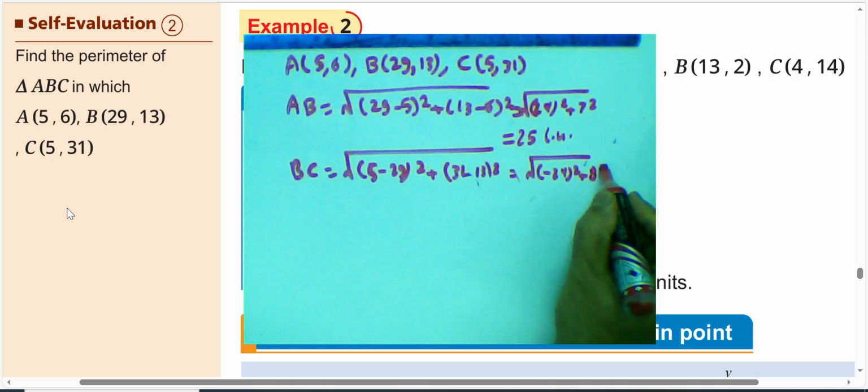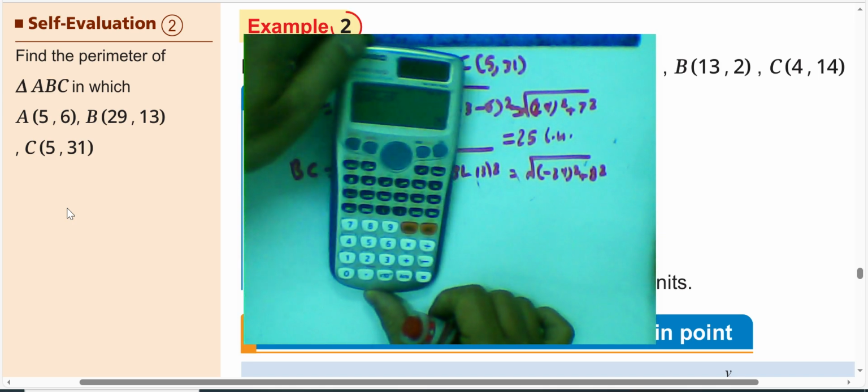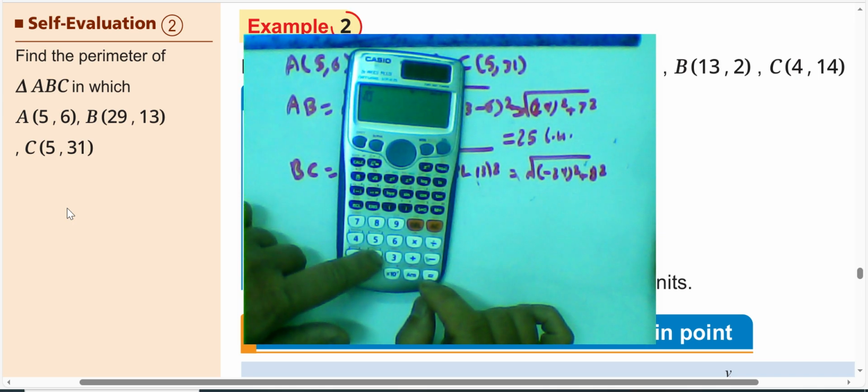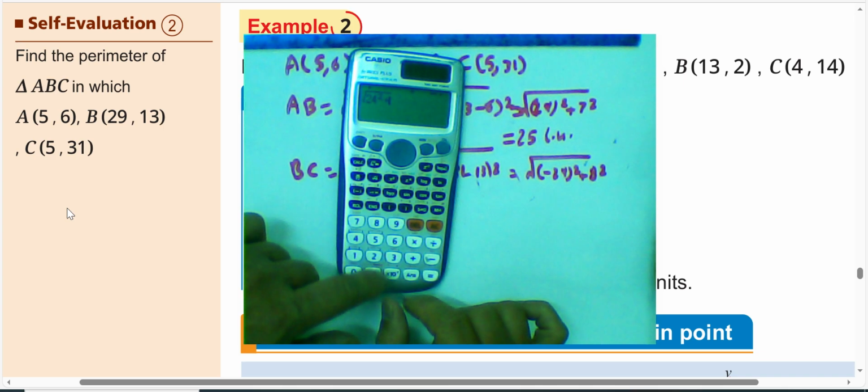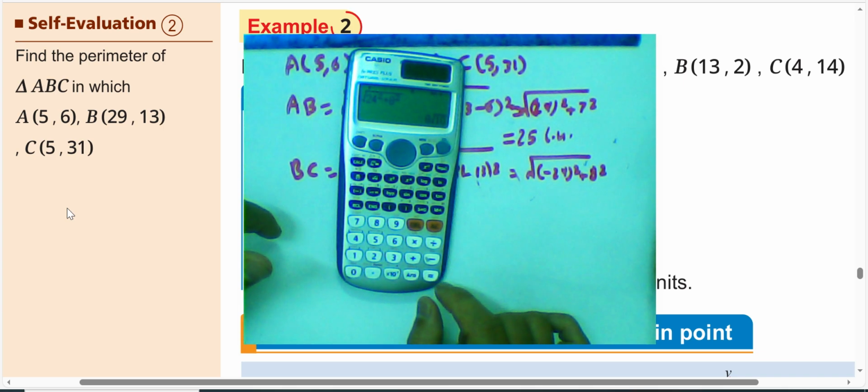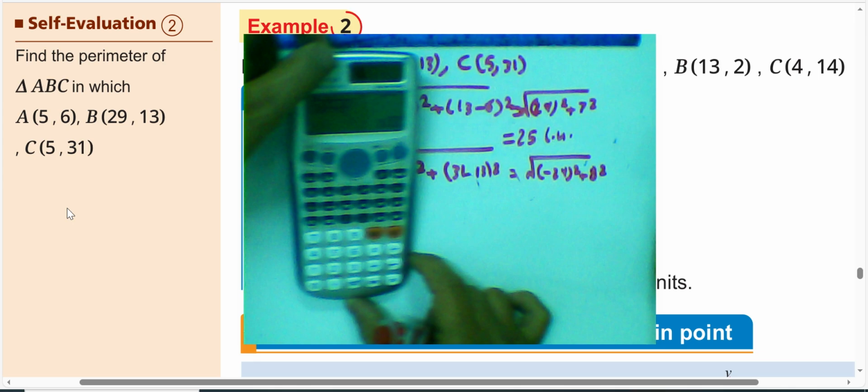The result will be the square root of 24 power 2 plus 18 power 2.